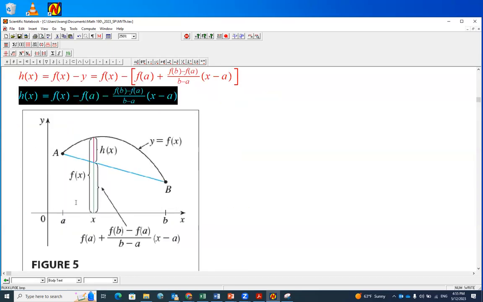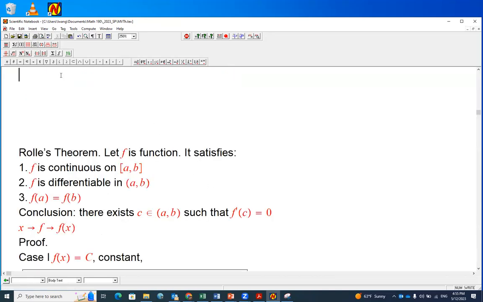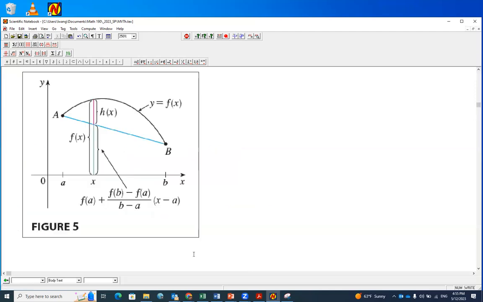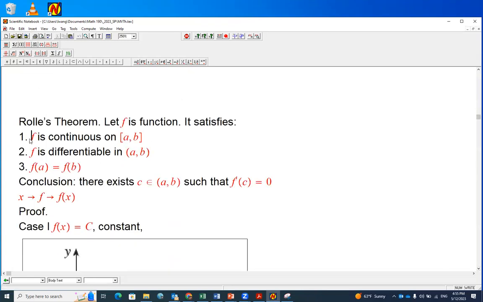So let's write it down. This h of x, we're basically checking the conditions. So first, h of x is continuous.